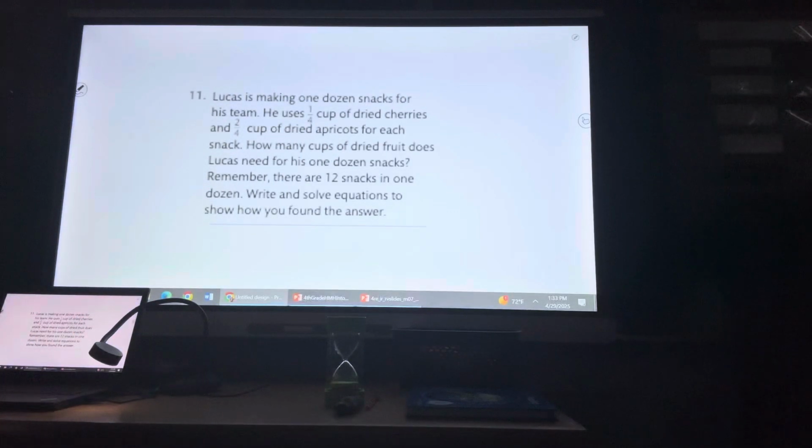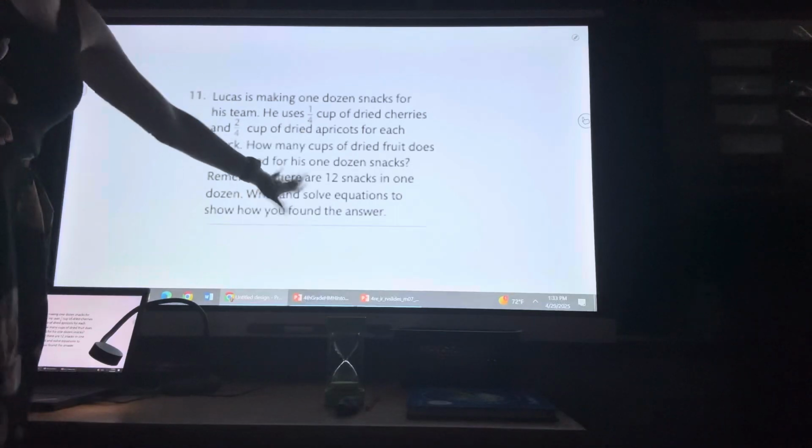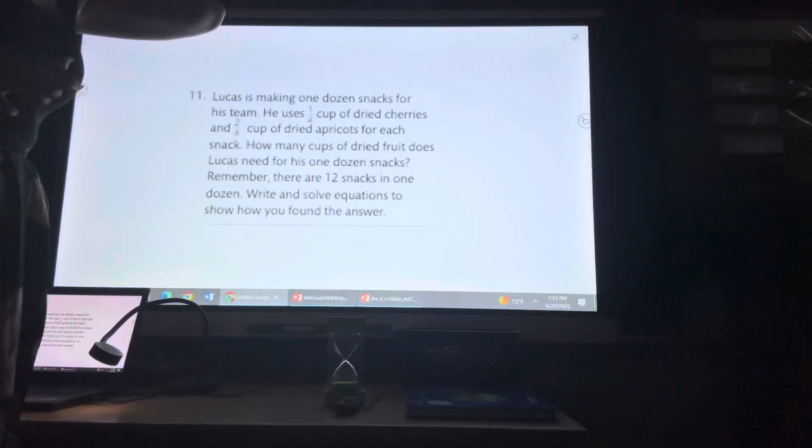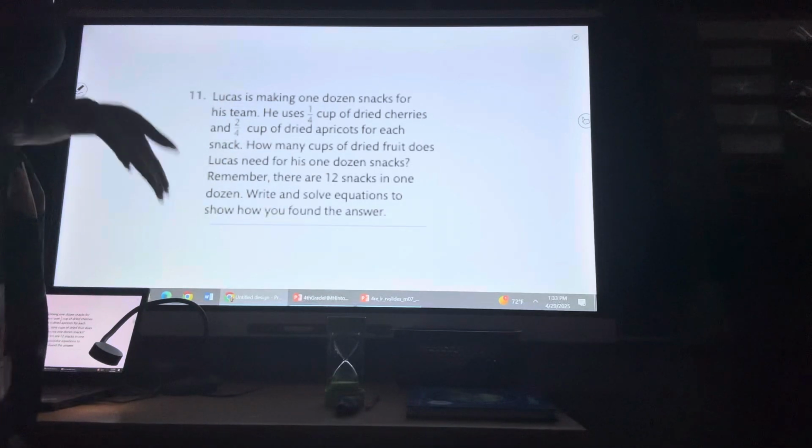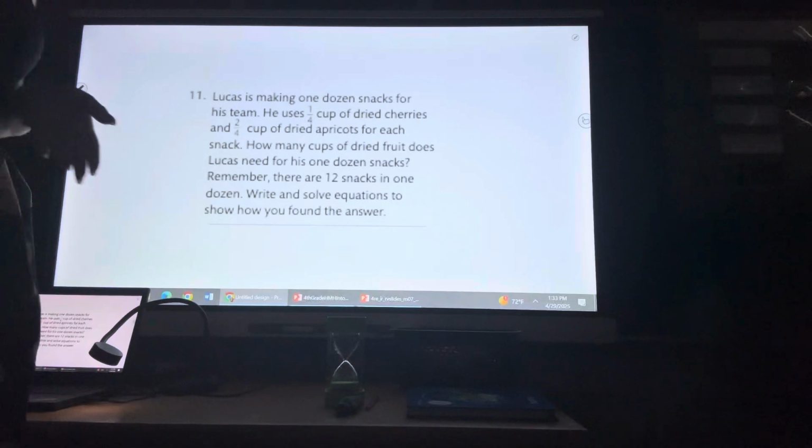Write and solve equations to show how you found the answer. They want you to show your work. If you write just one number, it's going to be half credit. Set yourself up for success.